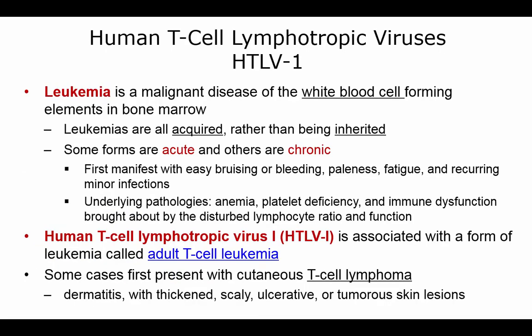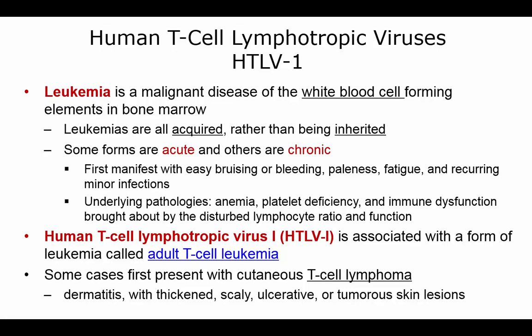Now, the human T-cell lymphotropic viruses. Leukemia is one, and it's a malignant disease of the white blood cells, the white blood cell forming elements in your bone marrow, and they're all acquired, not inherited. Some forms are acute, others are chronic.